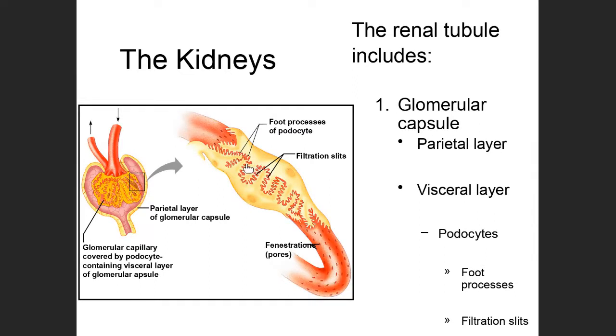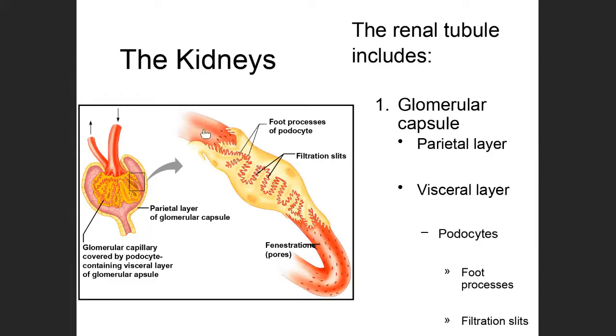So we have these little structures, this kind of jagged edge to the cells, that are known as foot processes. And in between where the foot processes come together, you can see these areas of exposed capillary. And those areas where we've got exposed capillaries are what are known as filtration slits.